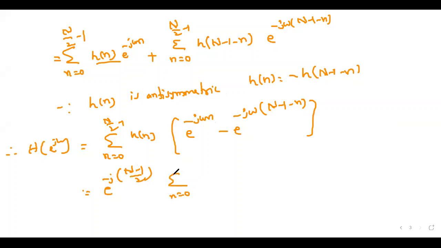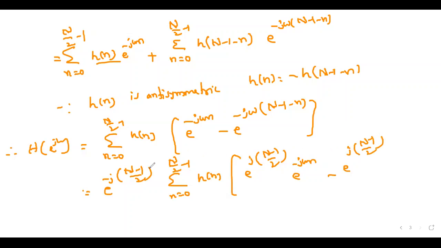Since this is an extra term we have taken common from these two terms, I will compensate this extra factor by multiplying by this extra term. Then it will be again the same term, e power j omega of N minus 1 by 2, sorry, omega into e power minus j omega of N minus 1 minus n.